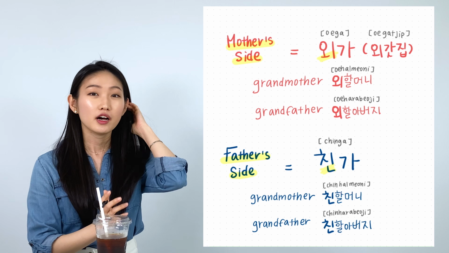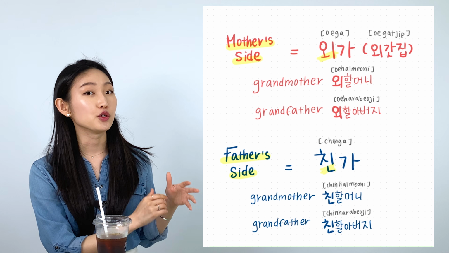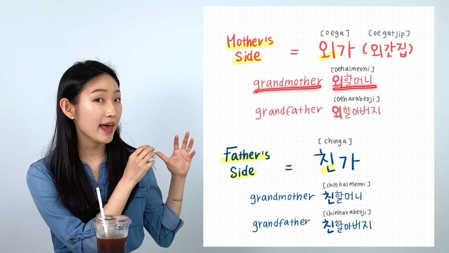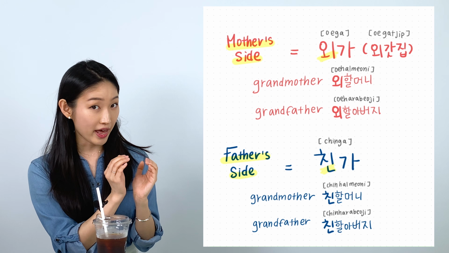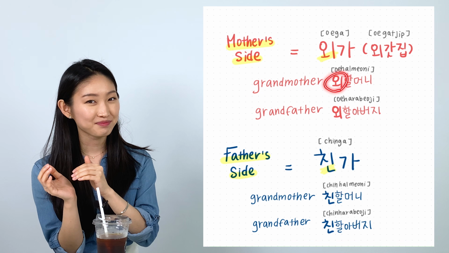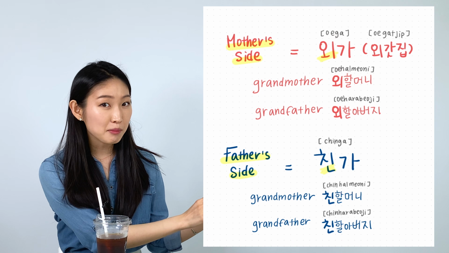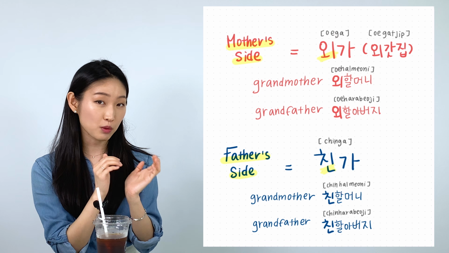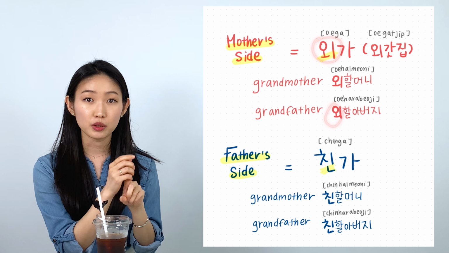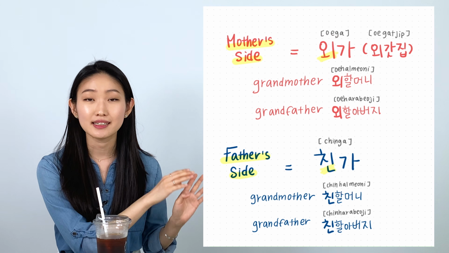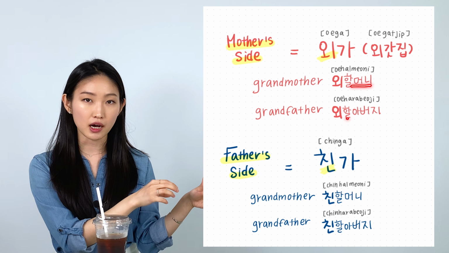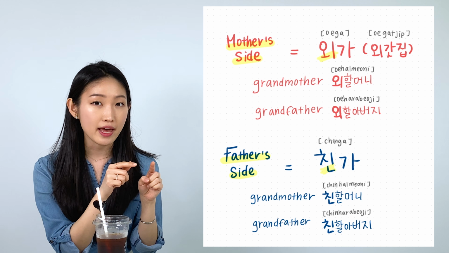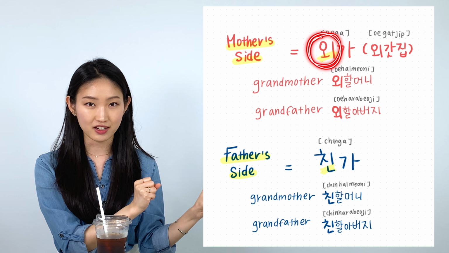For example, for your mom's side family, your grandma would be 외할머니. So 외 from 외가. 외할아버지. Again, 외 from 외가. But the terms 할머니 and 할아버지 themselves mean grandma and grandpa. Just make sure to add the 외 at the front.